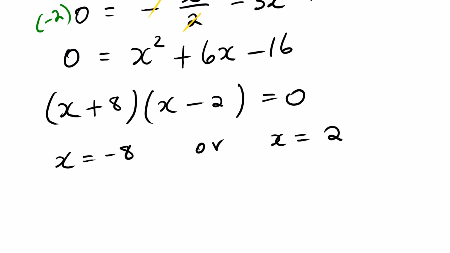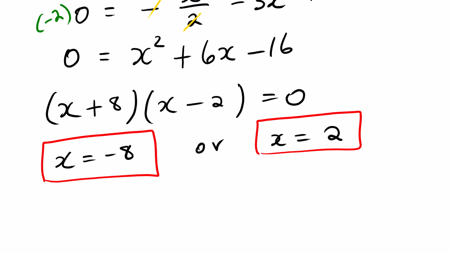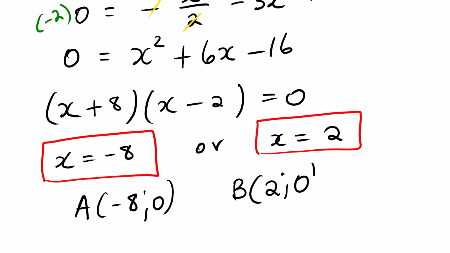So as you can see, we have two solutions, two values of x. Remember, we have point B and point A. Point B is on the positive side. Point A is on the negative side. So from here, we can conclude that A is -8 maps 0, and B is 2 maps 0.